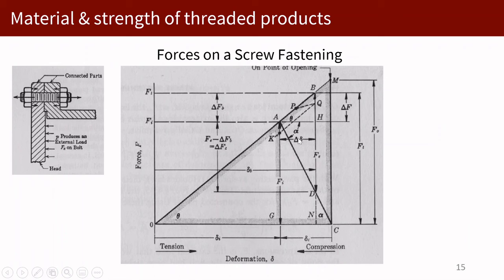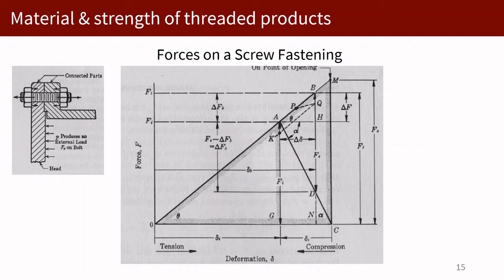And the compressive deformation of the connected parts is delta C minus change in delta. Okay? I hope you got that it is not only in the tightening operation that there is elongation of the bolt, but also in the operation of loosening your bolt.